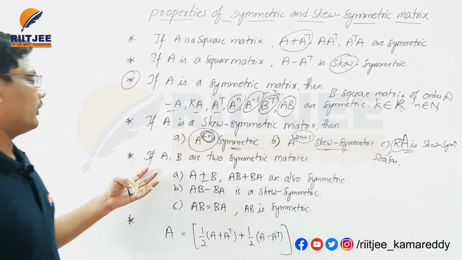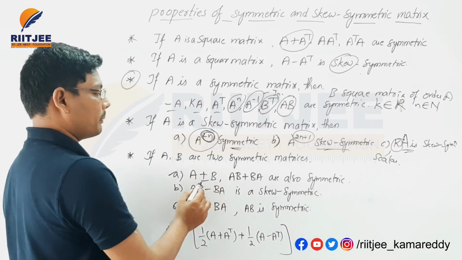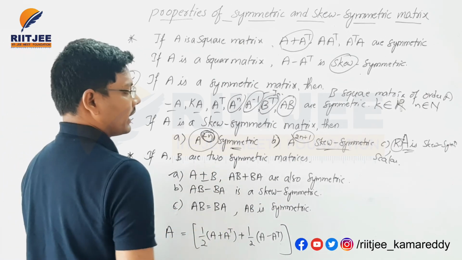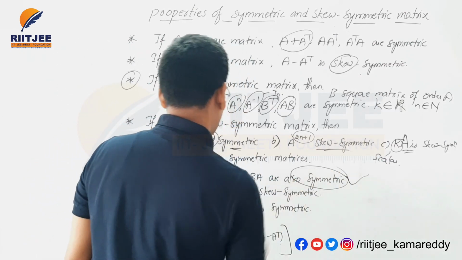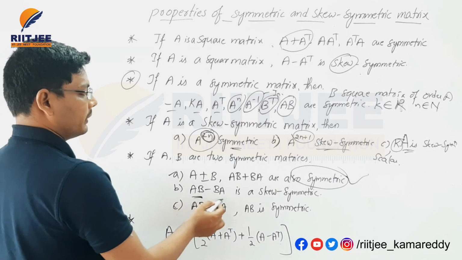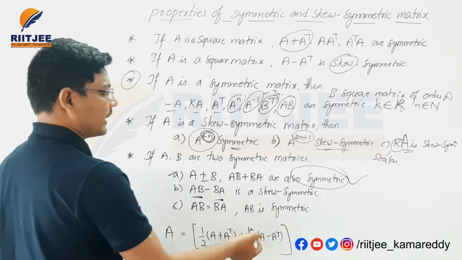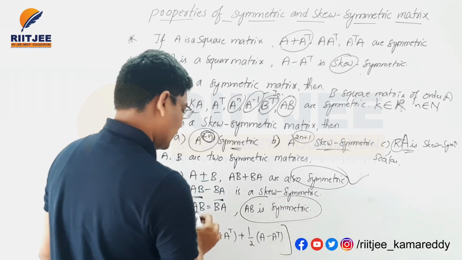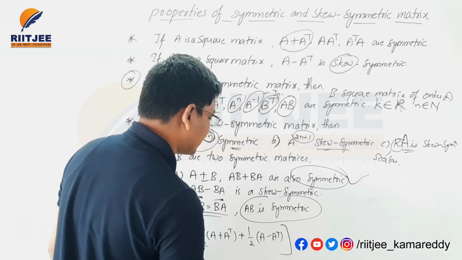Next, if A and B are two symmetric matrices, then A plus or minus B, and AB plus BA are also symmetric matrices, and AB minus BA is a skew symmetric matrix. When AB is equal to BA, AB is a symmetric matrix.